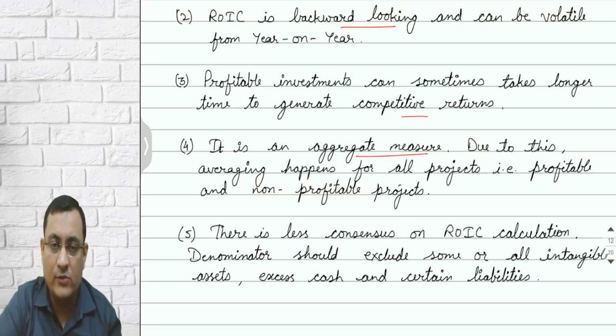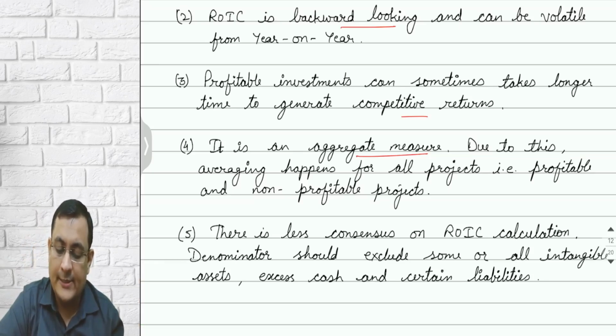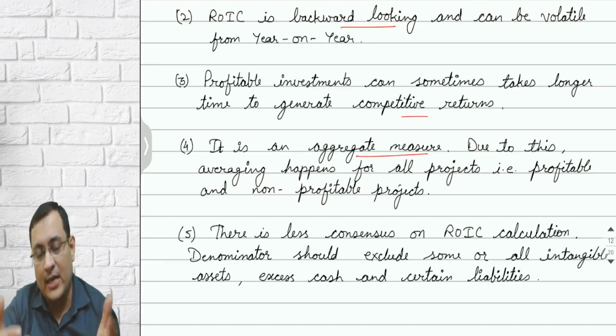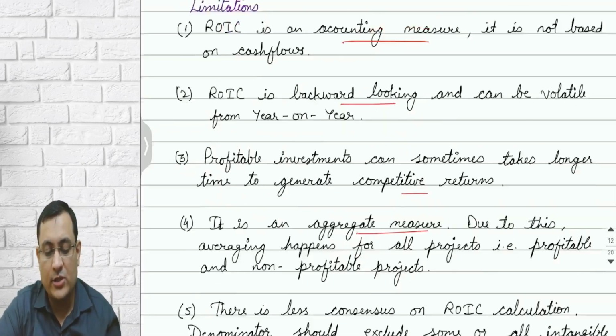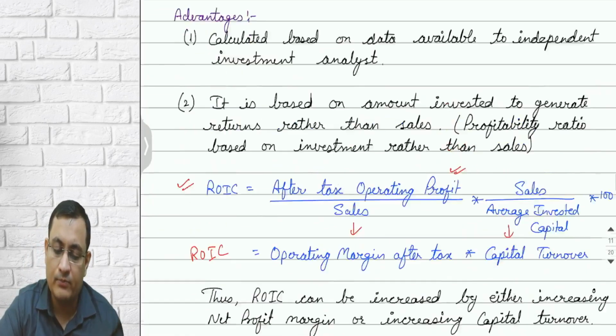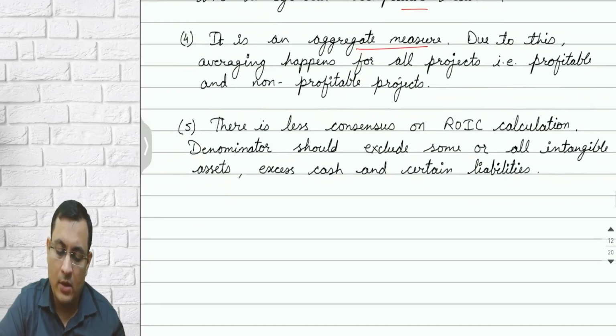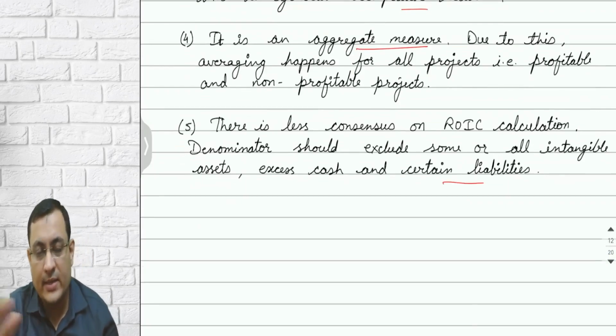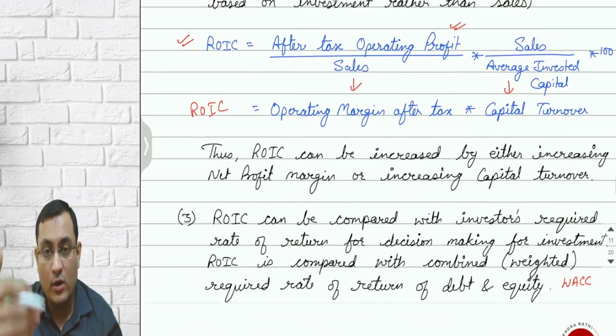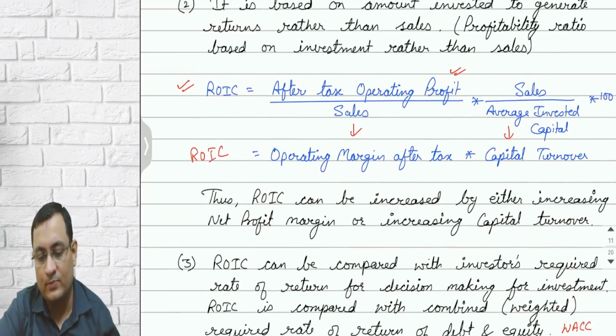the company's value creation. And the last disadvantage or limitation is the denominator, average long-term liabilities. Few people say you should exclude cash, intangibles, goodwill, etc., or provisions, or certain liabilities related to pension, etc., because they are not actually investment in the business.